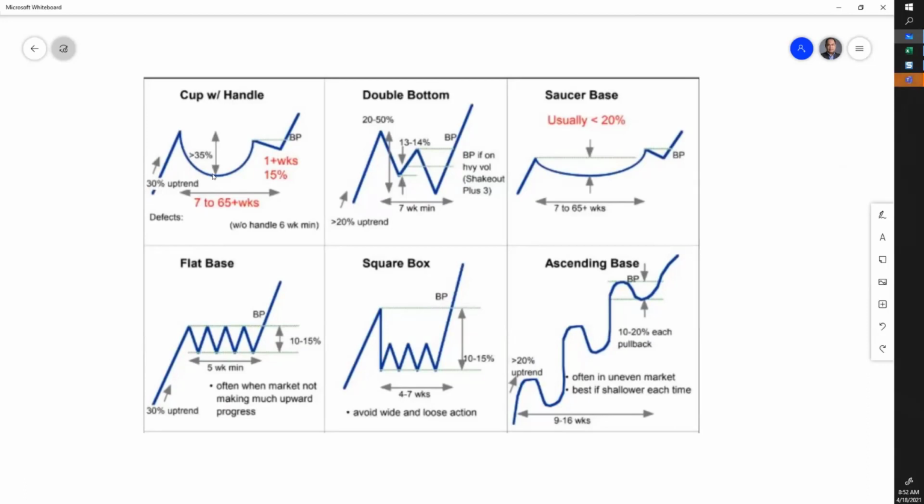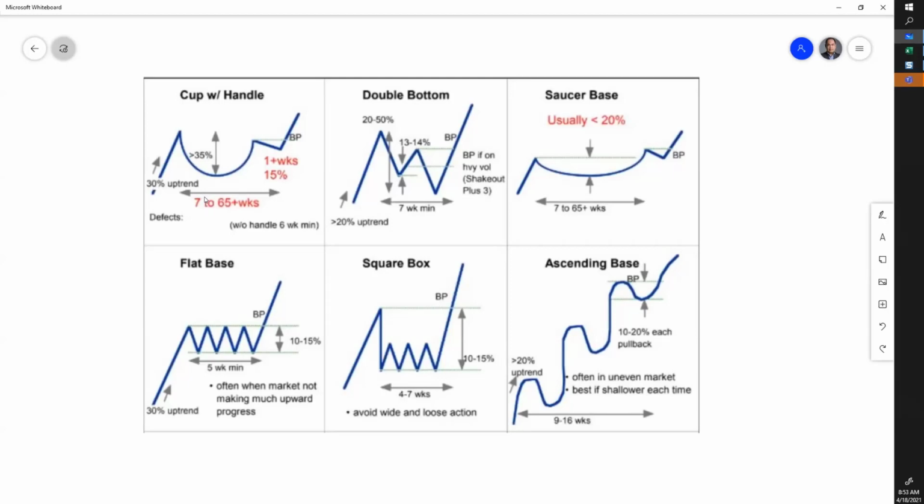So kung gaano man ka-aggressive yung seller na yan, yung mga sellers dun sa market, yung mga gustong to lock in their gains, orderly yung nagiging exit within this consolidation or within this base pattern formation. So sinasalo lang yan siya over a 7-week minimum to 65-week period. Now, we don't necessarily have to count the number of weeks.